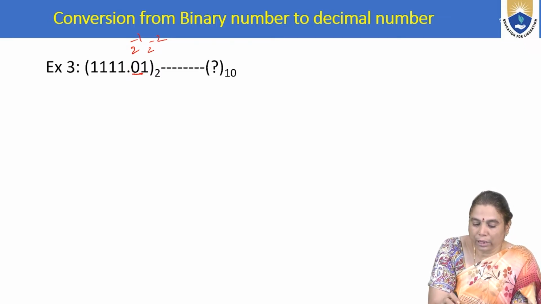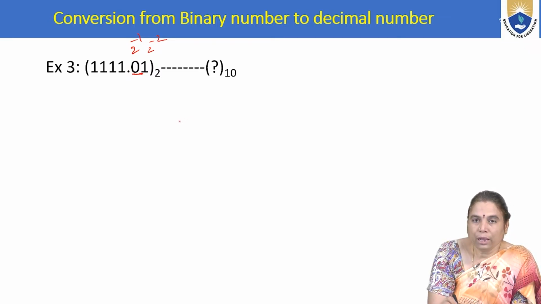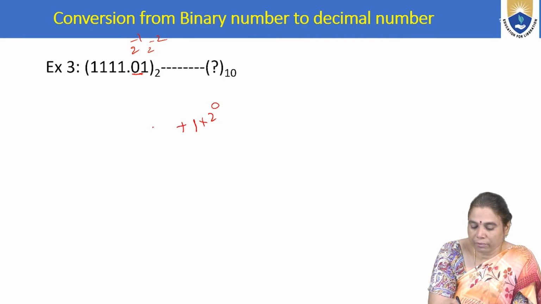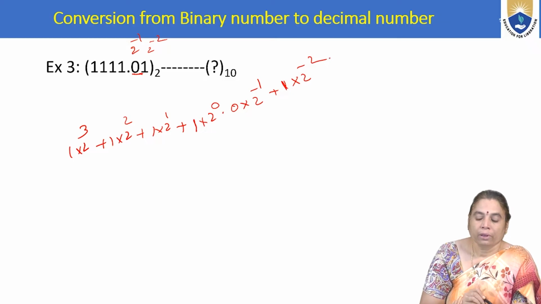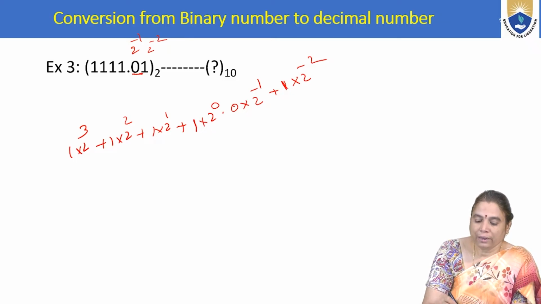You can see how the integer part is done: 1 into 2 power 0 plus 1 into 2 power 1 plus 1 into 2 power 2 plus 1 into 2 power 3. And the fractional part is 0 into 2 power minus 1 plus 1 into 2 power minus 2. So we have to add these.